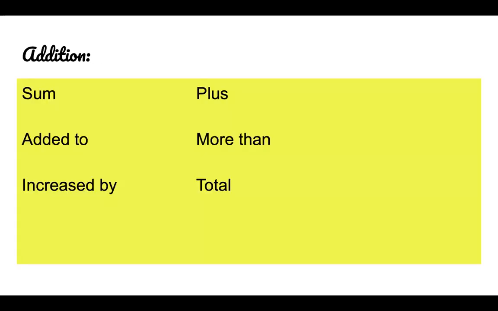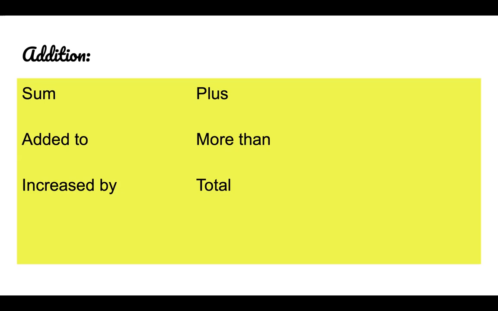So, how you know to put j times 20 or j plus 20 is the keywords. It's going to be a word problem. And with addition, it's going to be sum, plus, added to, more than, increased by, and total. Those all mean addition.